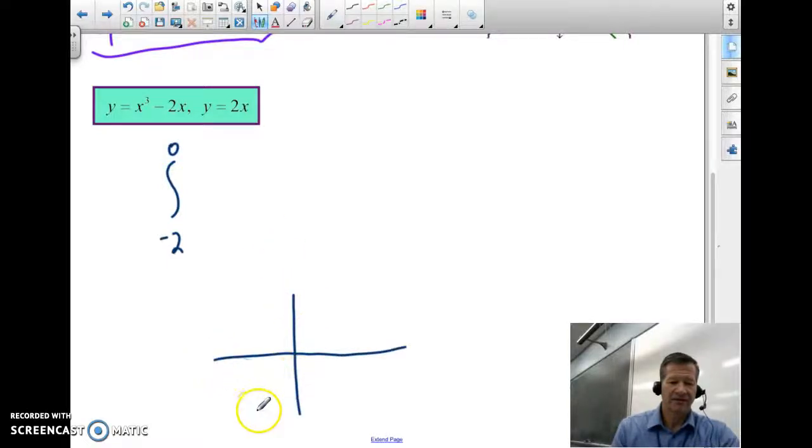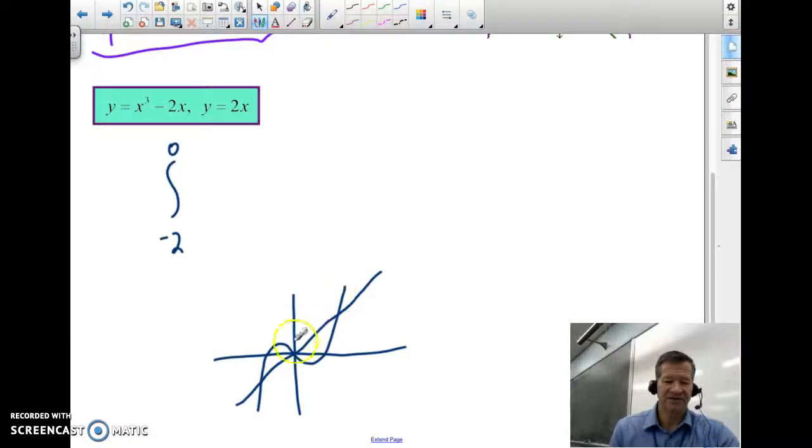It came like this, went through the origin, and then up like this. And then our line y equals 2x looked like that, except it wasn't so demented. They were crossing here at -2, -4, and then the origin. And then over here they would cross at 2, 4.